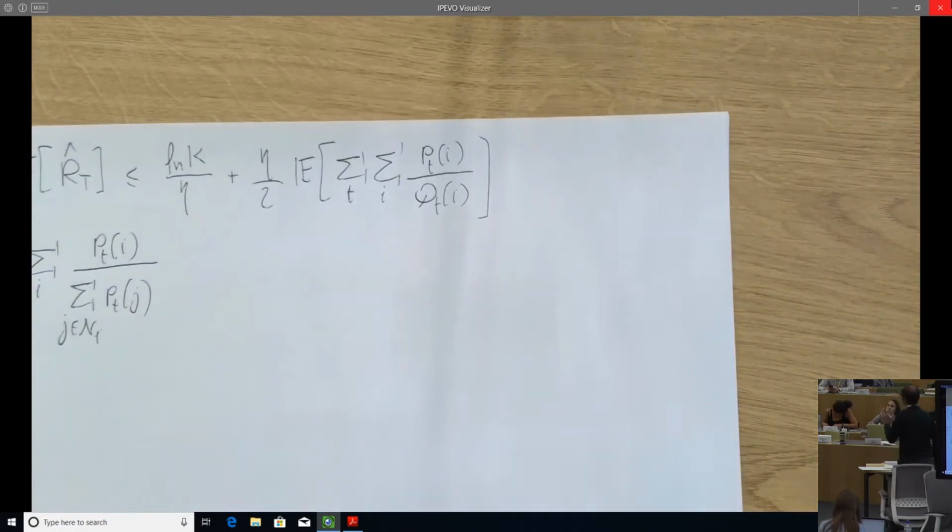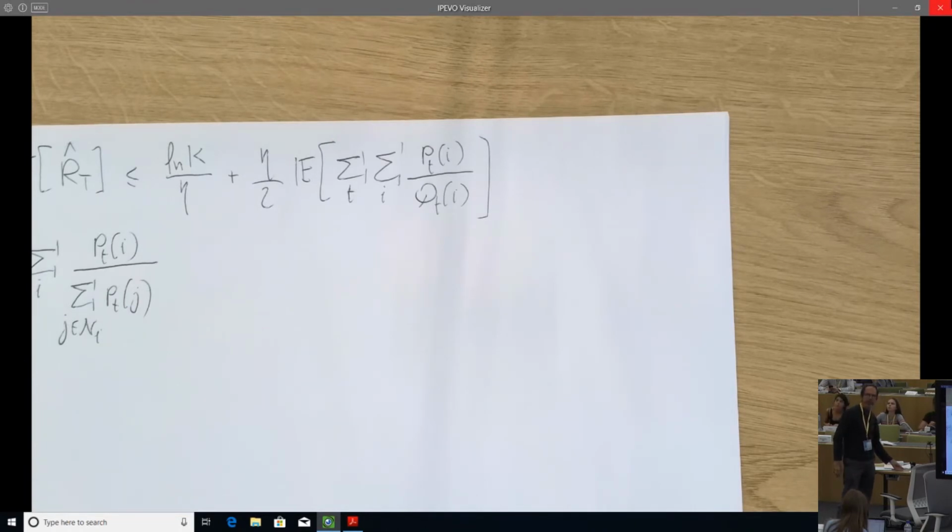Okay, so listen up for a second. I have a graph, undirected, and I have probabilities on the vertices. So I'm summing up over the vertices the probability divided by the probability of the vertex itself plus the probabilities of the neighborhood, and I'm doing this for every vertex. So what is this quantity here?